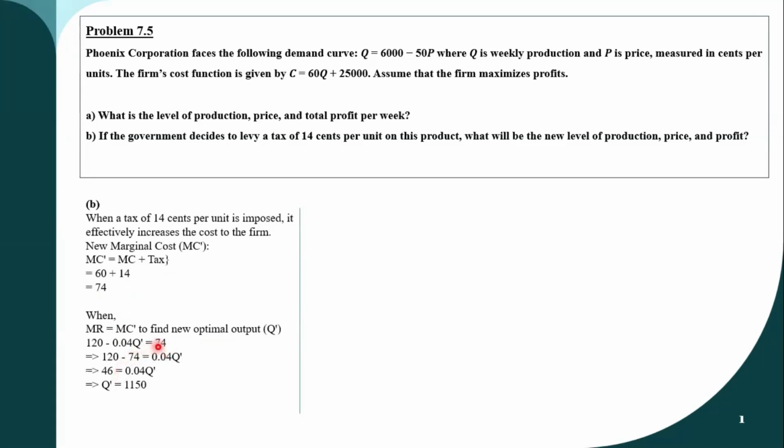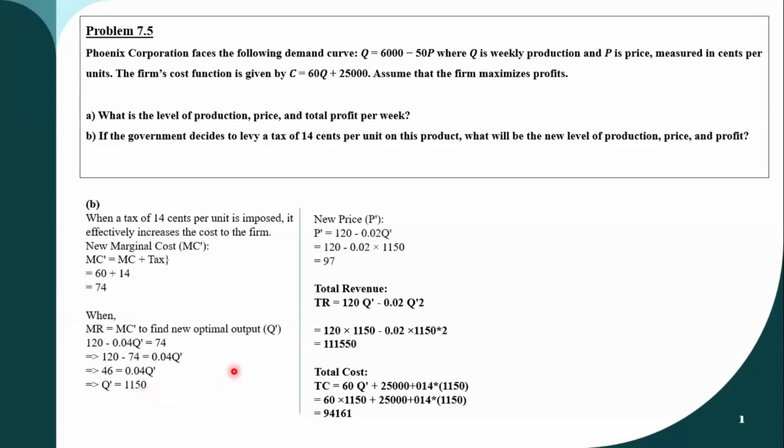Solving this, we can easily find the new level of production of the firm, the new Q, which equals 1150. So the new level of production is 1150.